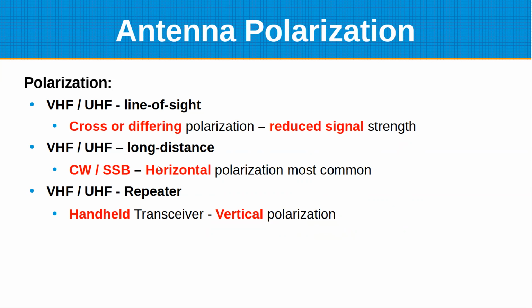In long distance work, and I don't know how you do long distance on UHF. Horizontal. Right, that's when we use sideband on VHF, not UHF normally. Other than satellites, who do you contact long distance on UHF?